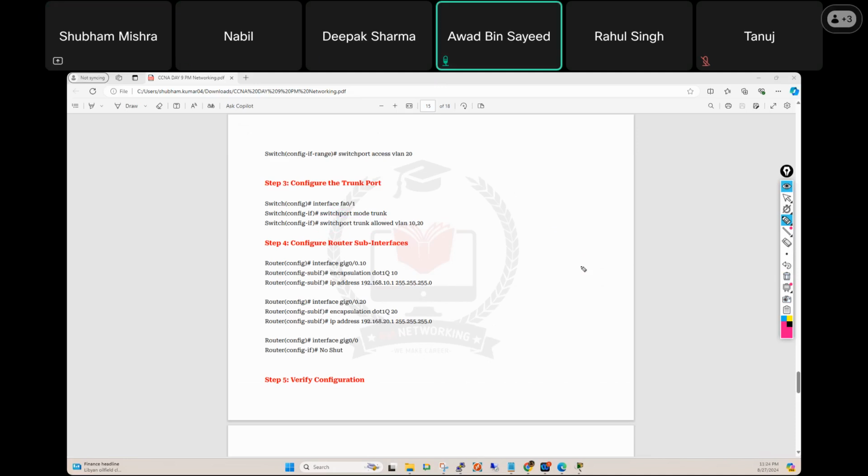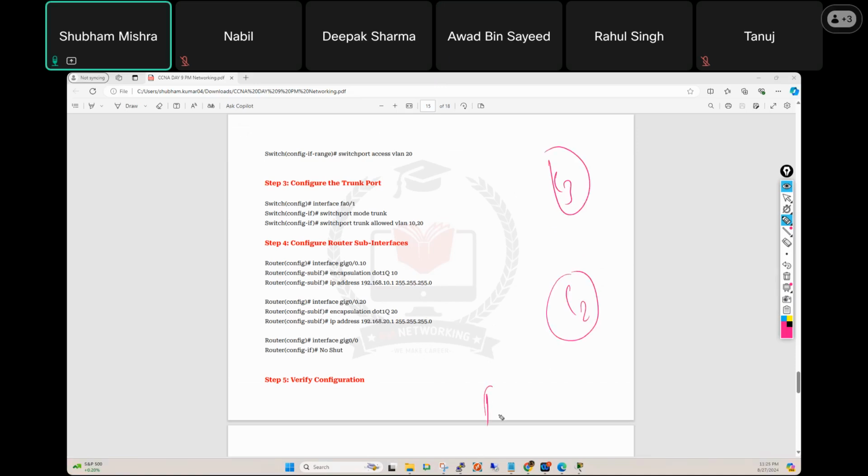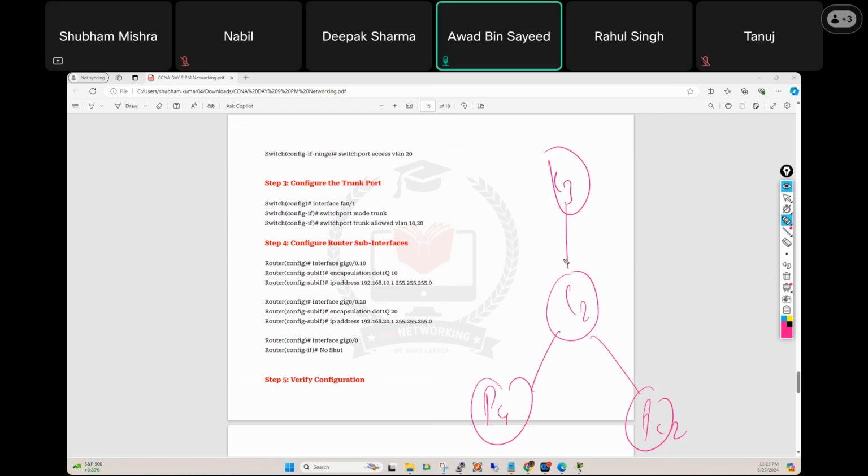What if we have an L2 switch in between the end users and the L3 switch? Let's suppose we have an L3 switch and again you configure an L2 switch, then you configure PC1 and PC2. Do we need trunking here? In that case, we should enable trunk on both sides.